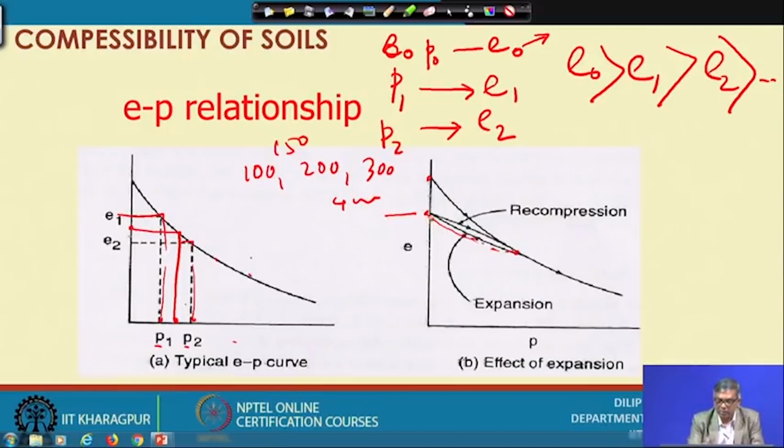Then if you apply further load from here, it will follow a certain path and compress, and when it reaches here, with further increase of pressure, this curve and that curve become similar and continuous. So, up to here, if you remove the load, it will go this way, and if you load further, it will come back to this point and continue along the same continuous curve.